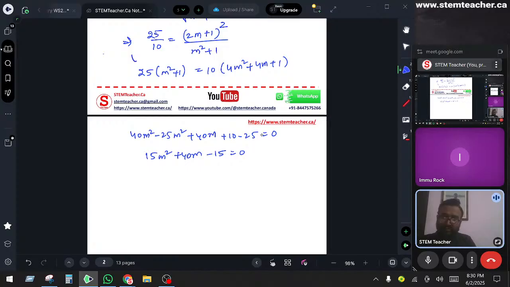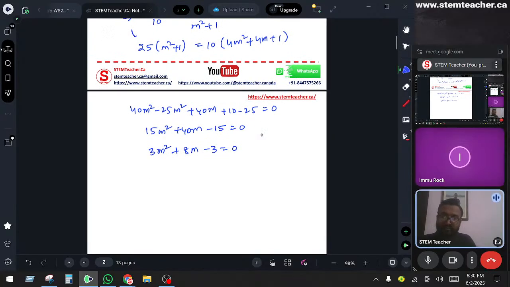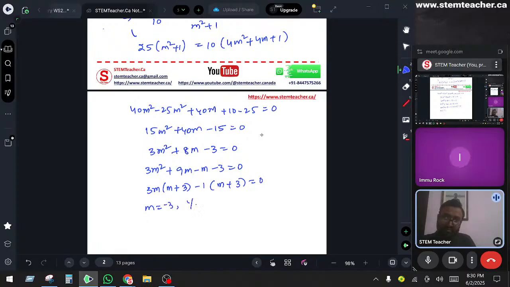Take 5 common: 3m square plus 8m minus 3 equals 0. Splitting 8m as 9m minus m: 3m square plus 9m minus m minus 3 equals 0, so (m plus 3)(3m minus 1) equals 0. Therefore m is equal to minus 3 comma 1 by 3.